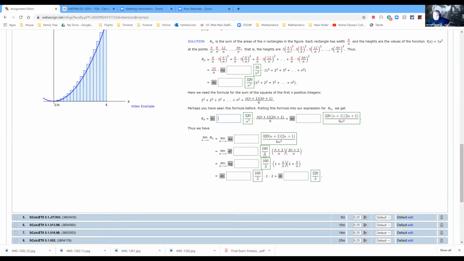They pull out a common factor of 160 because 320 over 6 gets you this horrible mess. That goes here. These two simplify down this way. Personally, I wouldn't do it that way, but it works. And you eventually get that answer times 2, gives you this one.